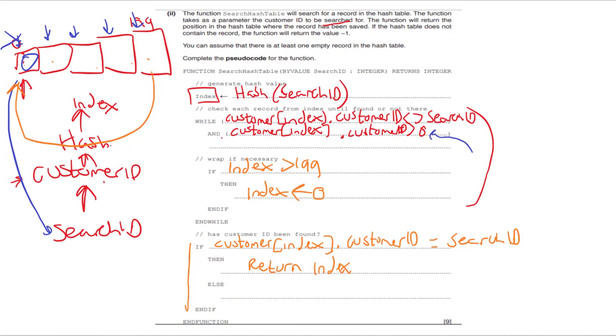Otherwise we're going to say not been found or false, which is basically what it tells us to do here. The function will return -1. So what this is saying is, if there's a match, return the index position of where we found it. So do we find it in 0, 1, 2, 3? Otherwise, return -1.